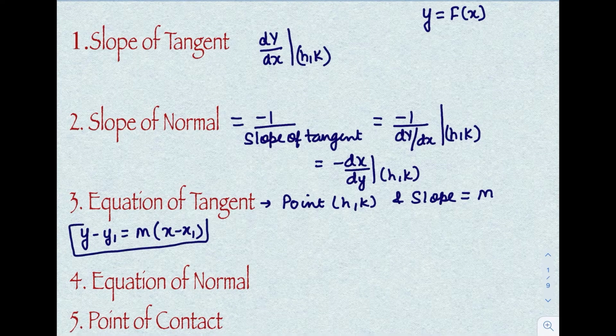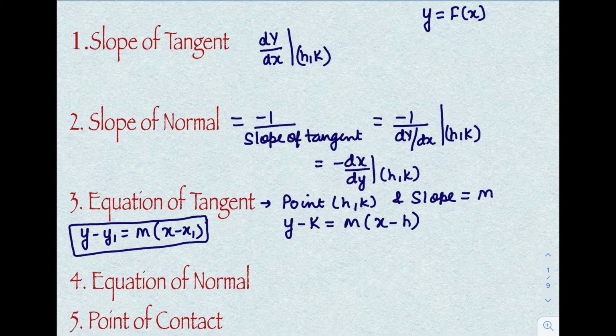We are going to use this and write the equation of tangent, that is y minus y1, h comma k represent x1 and y1, so y minus k is equal to slope x minus h. This is the required equation of the tangent.